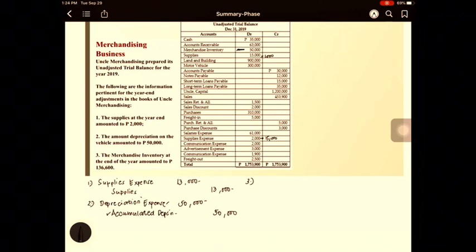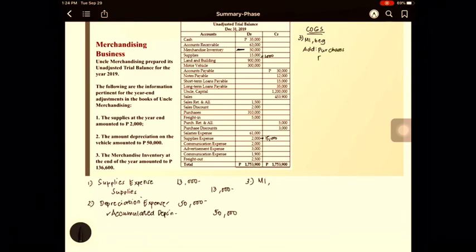So the cost of goods sold is computed by first identifying the amount of your merchandise inventory beginning. Let me just put my computation here. So merchandise inventory beginning, what do we do next? We add your purchases, and your freight in if there are any, right?